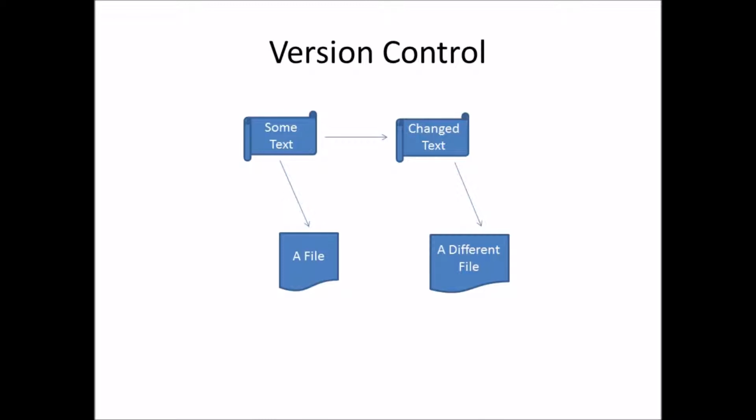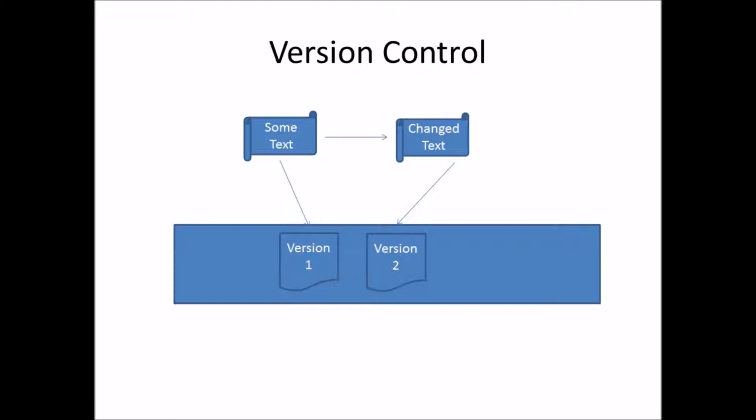And also we can't be sure that everybody is working from the same version of the file, or that everybody knows which is the most recent version. So an alternative is to use a version control system, and that allows us to save the changed text back to effectively the original file with the same name, and the system then maintains where the previous version is, allowing us to revert to that.